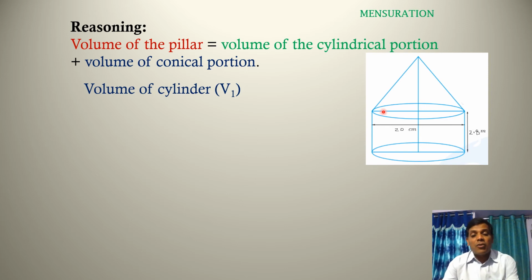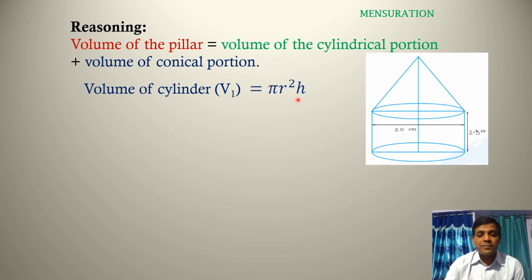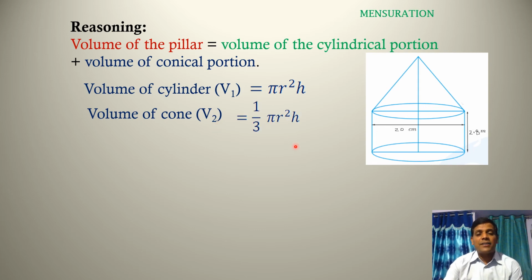Volume of cylinder equals pi r square h, and the volume of cone equals 1 by 3 pi r square h. So the volume of the cylinder, V1, is pi r square h. Next one, volume of cone, V2, is 1 by 3 pi r square h.